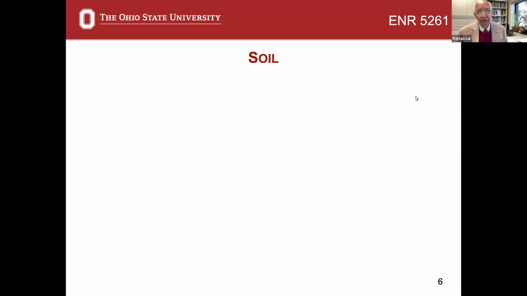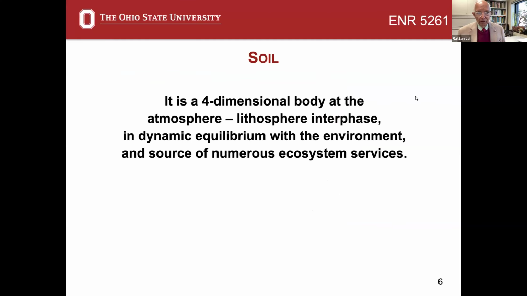That brings us to the definition of soil. It's a four-dimensional body: length, width, depth, and time. Time is the fourth dimension. Soil changes with time. Soil changes with length, width, and depth. Therefore, it's a four-dimensional body. And it is at the interface of atmosphere and lithosphere.